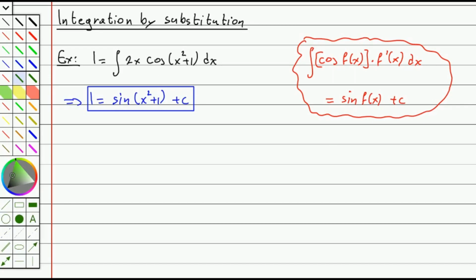So we can do it by substitution, also called u sub, and the reason being we are going to be substituting the problem part with the variable u.